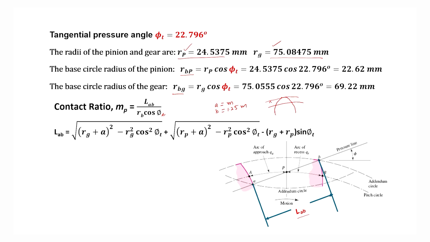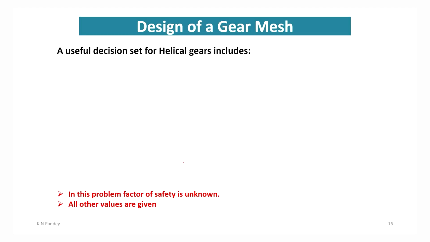So, above the pitch circle, the height of the gear tooth is addendum, and below it is dedendum B. So, knowing the value of A and the pitch circle radiuses, we can find the length of contact LAB, and that is obtained as this one.